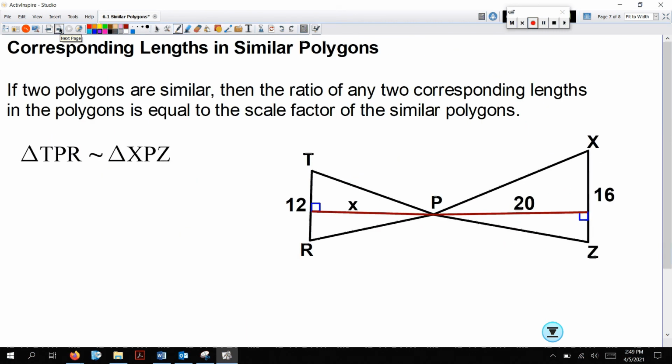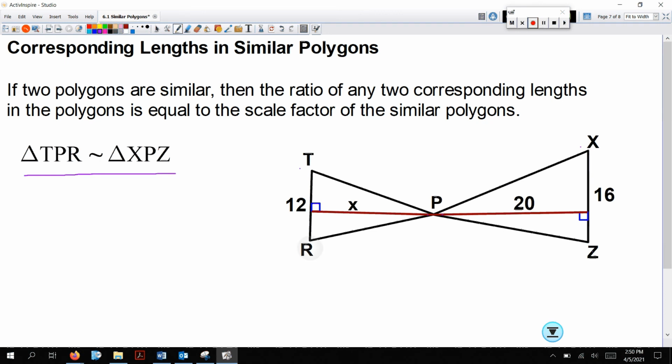All right, let's talk about corresponding lengths in similar polygons. If 2 polygons are similar, then the ratio of any 2 corresponding lengths in the polygons is equal to the scale factor of the similar polygons. It gives us a similar statement right here. It says that TPR is similar to XPZ.